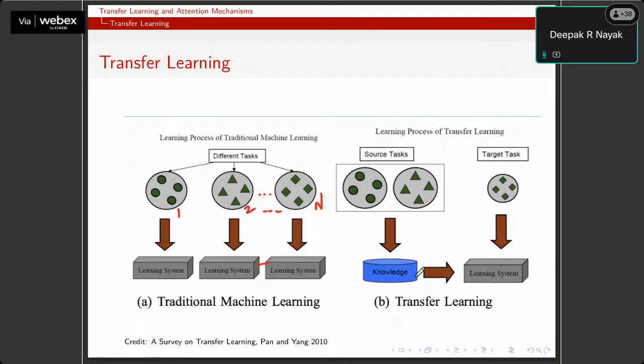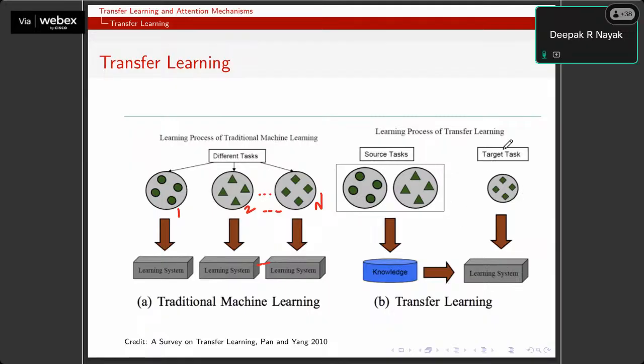And now you want to use this knowledge to train another system to solve a target task. That is what transfer learning actually is. You are simply transferring the knowledge of a particular model which has been implemented on a few source tasks to another system which is planning to solve a target task.